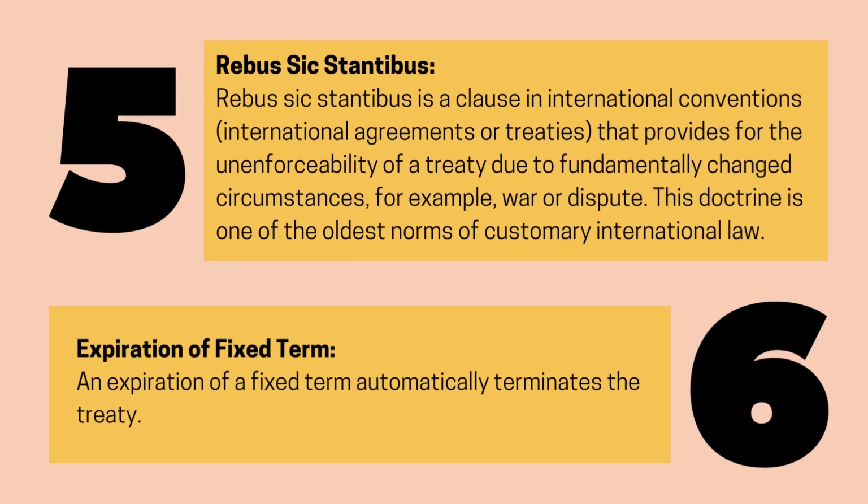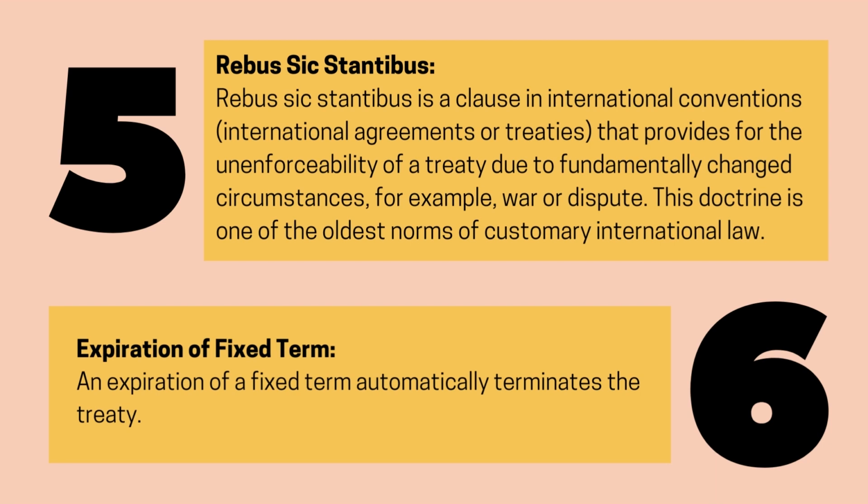Rebus sic stantibus. Rebus sic stantibus is a clause in international conventions, international agreements or treaties, that provides for the unenforceability of a treaty due to fundamentally changed circumstances, for example, war or dispute. This doctrine is one of the oldest norms of customary international law.